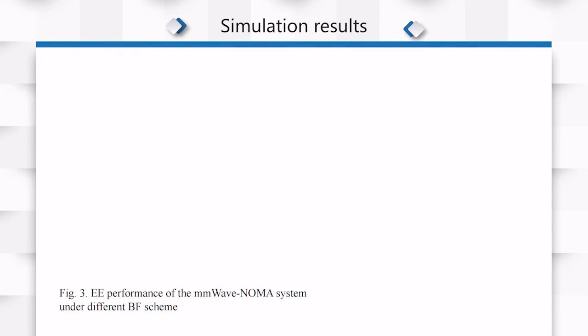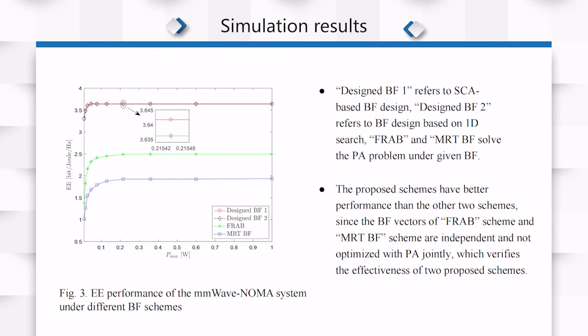This figure gives the EE performance of the mmWave NOMA system with different beamforming schemes. Design beamforming scheme 1 refers to the SCA-based design. Design BF2 refers to the beamforming design based on one-dimensional search.